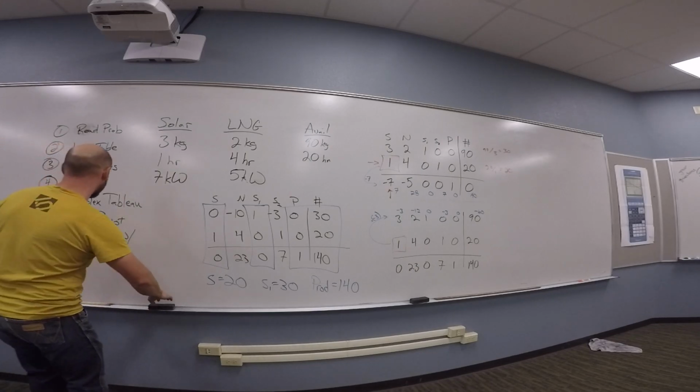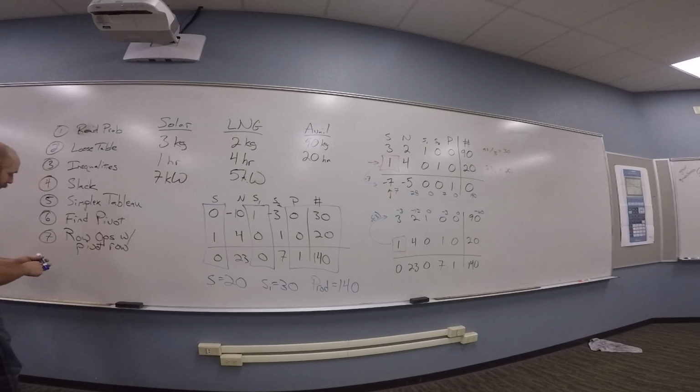Now I need a sentence. After I did this, I did row operations with my pivot row. And then there are 2 steps here.